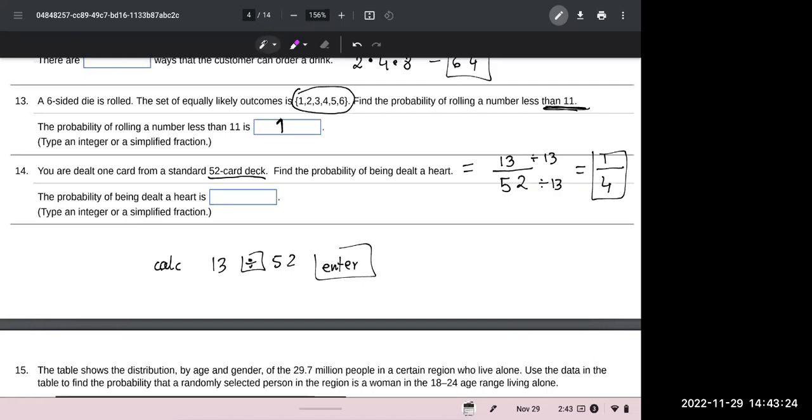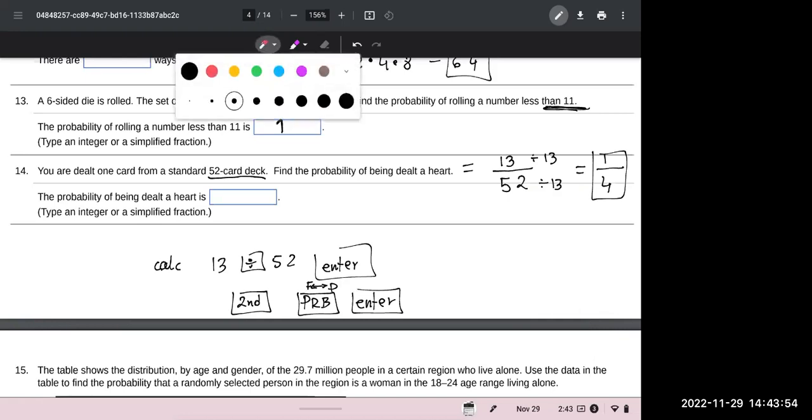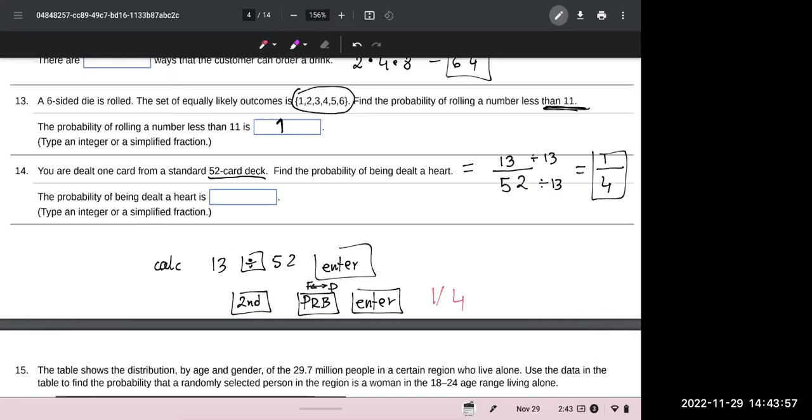And then you will select second button, that's the blue one, the first one on a calculator, and select PRB button, because on top of it you see fraction to decimals. So second PRB, and you will hit enter, and your calculator should show you 1/4. Okay, so you will know that your fraction can be reduced.